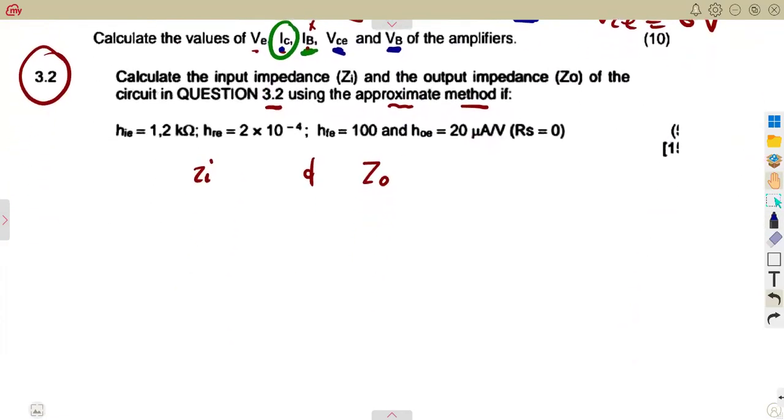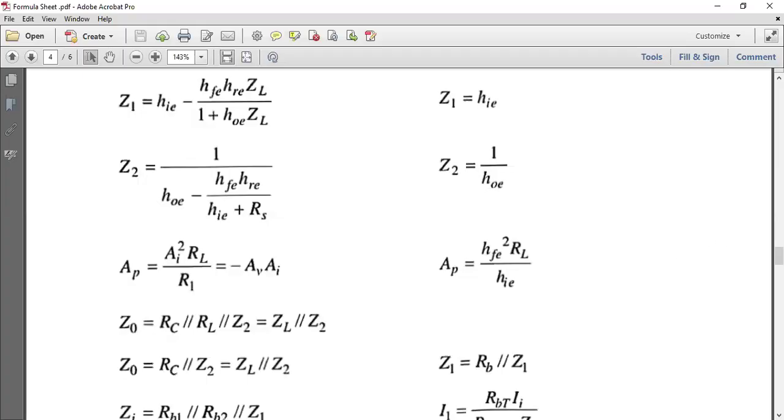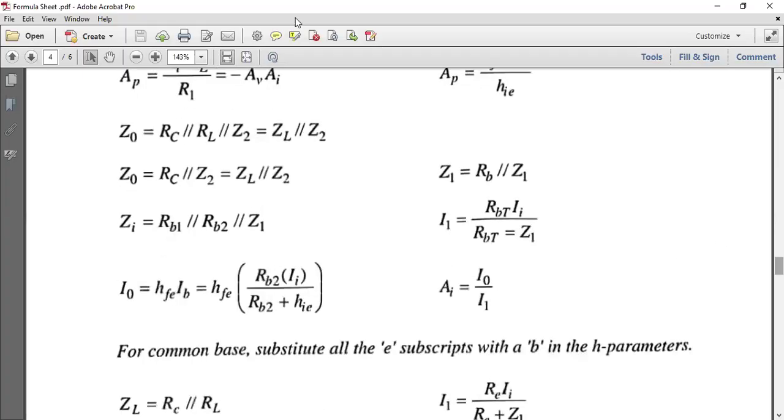But like I said, the condition is not going to change about the Zi. You are not supposed to be confused. The Zi, which is the input, its condition is not going to change how it is related. If you check your Zi, because you're dealing with a parallel combination, your Zi is going to be a parallel combination of RB1 and RB2, which is RBT, like I explained, times Z1.